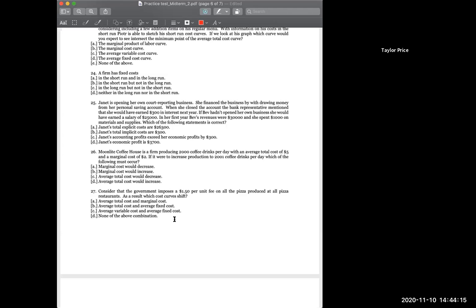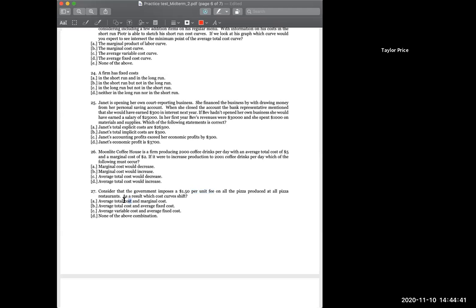So answer A is basically saying, is it the average total cost? And so we know that the average total cost is the combination of the average variable cost and average fixed costs. And because we know that this is a per unit fee, it is going to impact the variable costs.